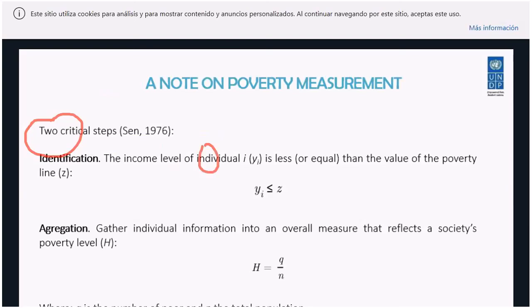But as you can notice, behind this simple procedure, there are a lot of very complex issues to be solved, which is, what is the main indicator to measure individual well-being, to ascertain that an individual is poor? It could be income, consumption, schooling, or any other characteristics.